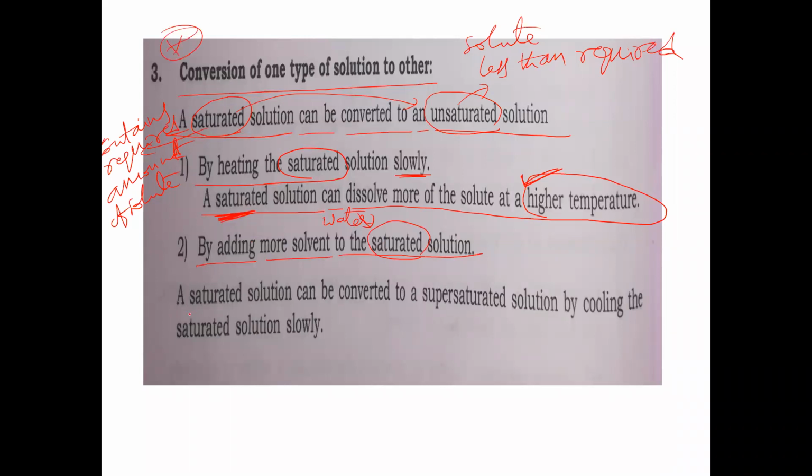Next, a saturated solution can be converted to a supersaturated solution. Now, saturated to supersaturated solution by which process? By the cooling process. By cooling the saturated solution, it becomes what? Supersaturated. So remember, here I'm taking a saturated solution.